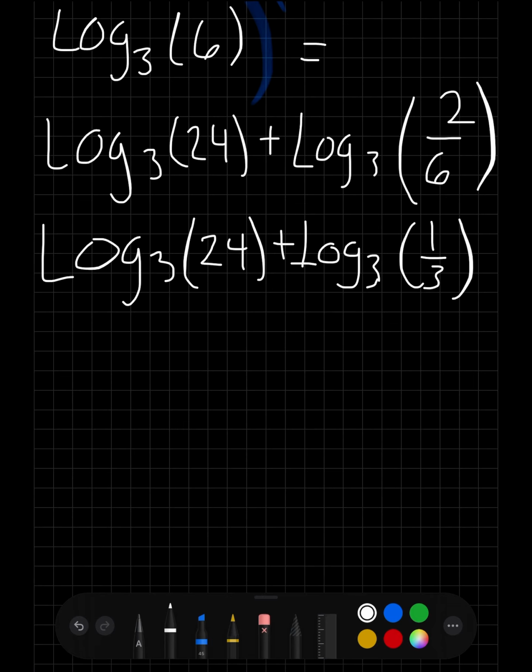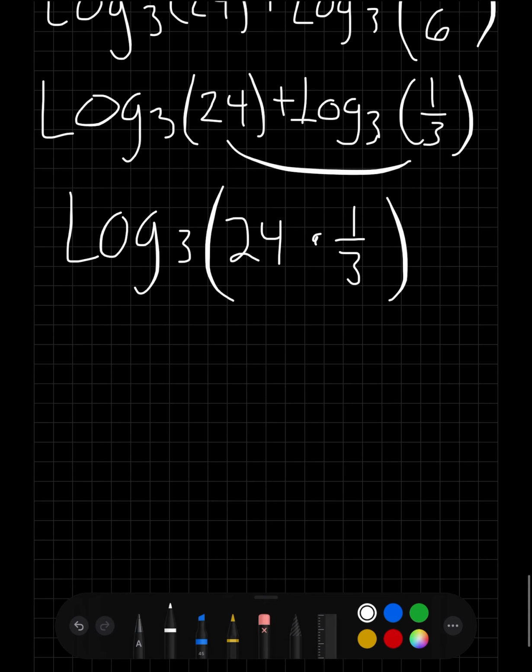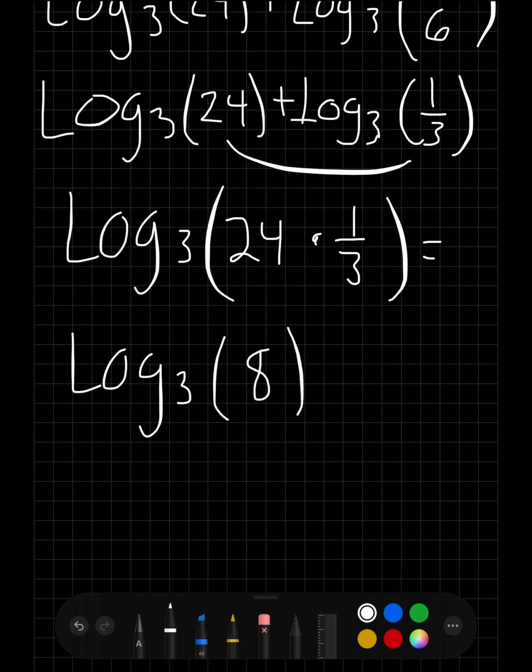And now I'll use my product rule to combine these two. That'll give me log base 3, and then I'll take the product of these two, 24 times 1/3. And that's going to work out to be log base 3 of 24 divided by 3, which will be 8. So then we have log base 3 of 8.